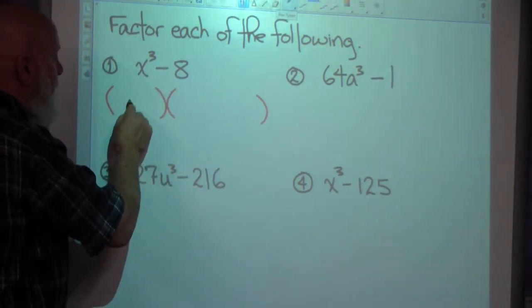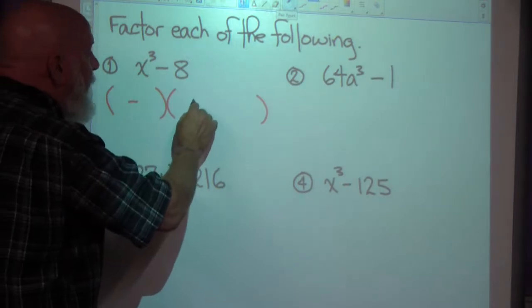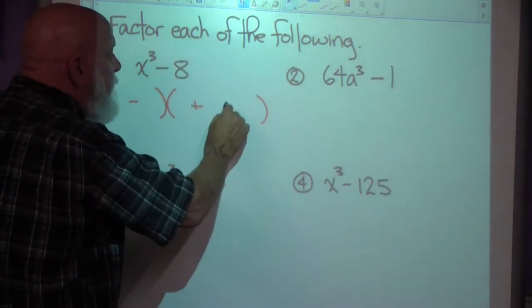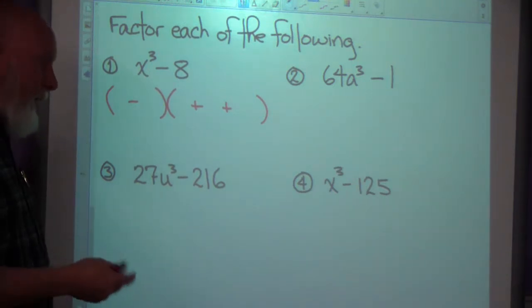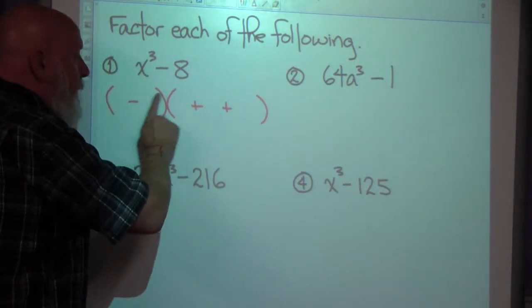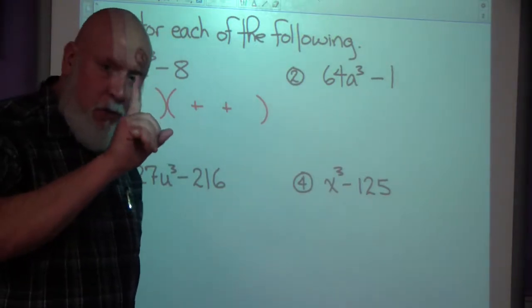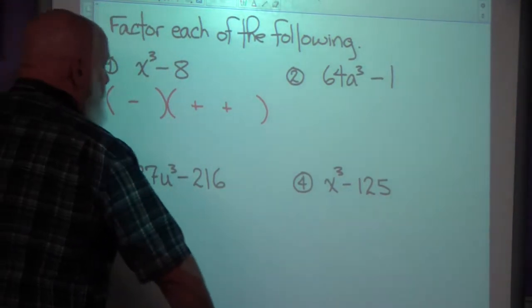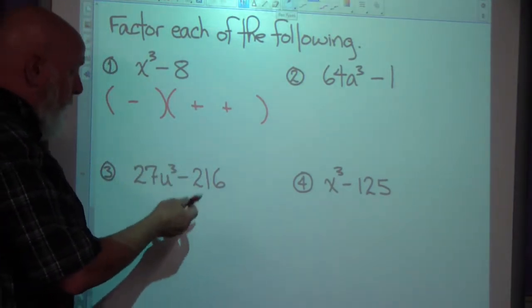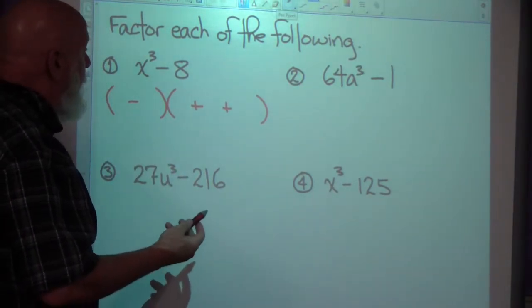If that's negative, this is a minus sign, and the next 2 are plus signs. I can't stress that enough. In sum of cubes and difference of cubes, when you go to pre-place your plus and minus signs, there's always just one minus sign. Putting it in the right place determines whether you're going to get your factorization correct or not.